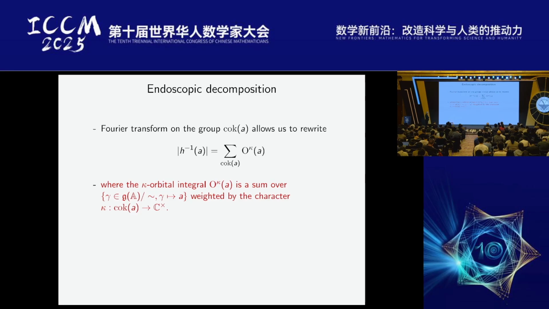Kappa is in the dual of these co-kernel groups. So anyway, this kappa can then be identified with a semi-simple class in the dual group. And now the quite sudden question is how this co-kernel group varies when A varies, right?